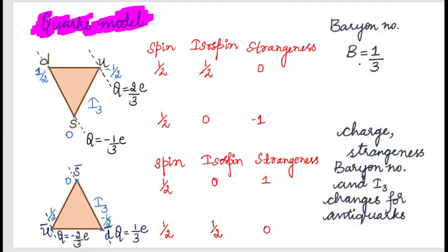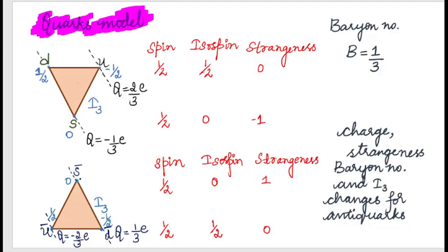The third component of the isospin I am representing by the symbol I3. The third component of the isospin for up quark is half, for down quark minus 1 by 2, and for strange quark it is 0.